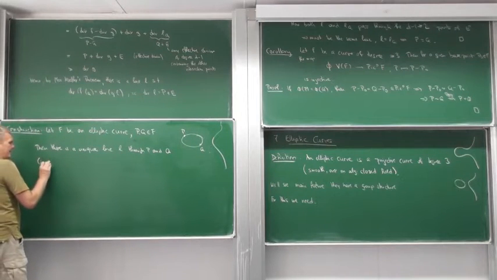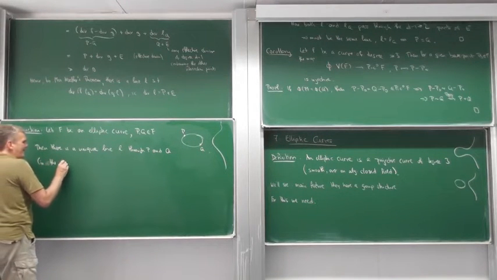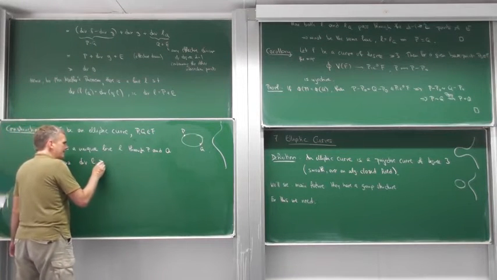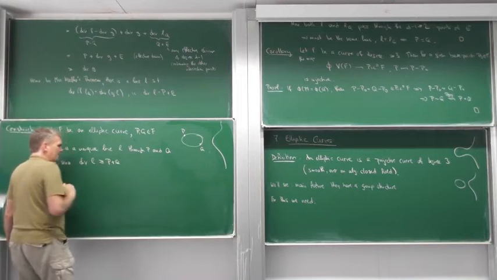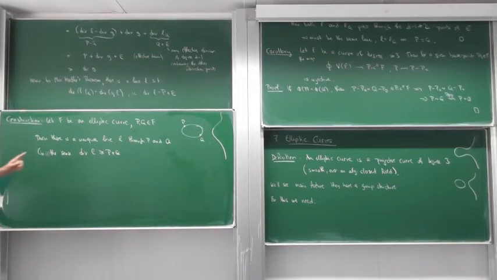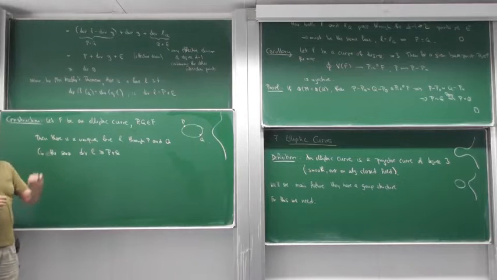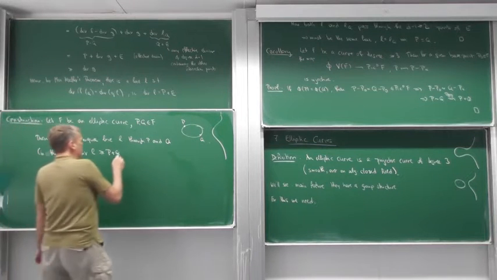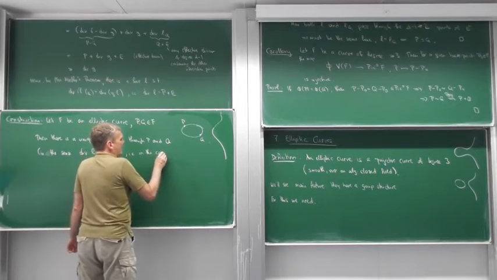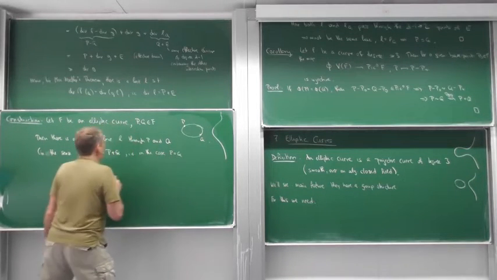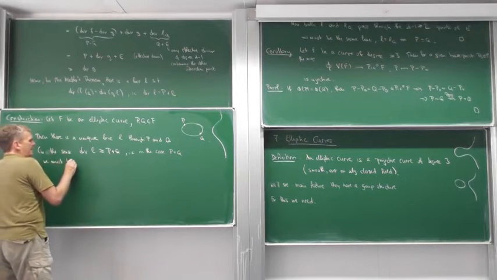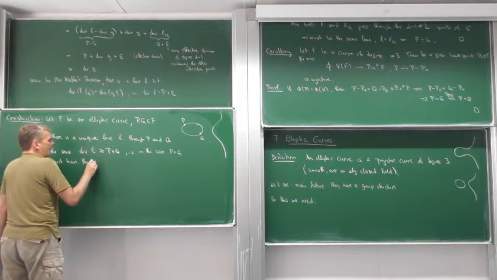That means, in the sense that the divisor of L is greater or equal to P plus Q. If P equals Q, it means the divisor is at least 2P, so we must have the tangent.